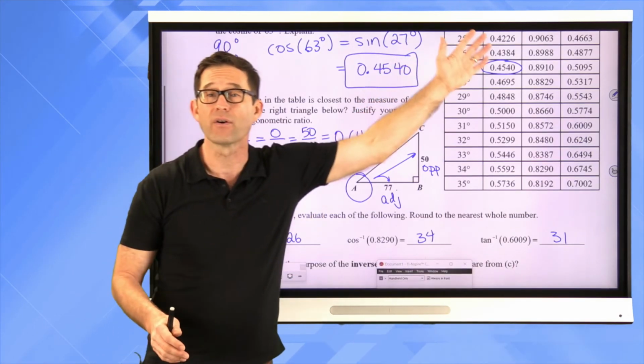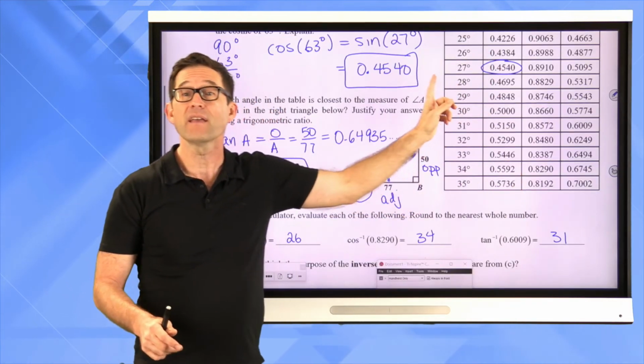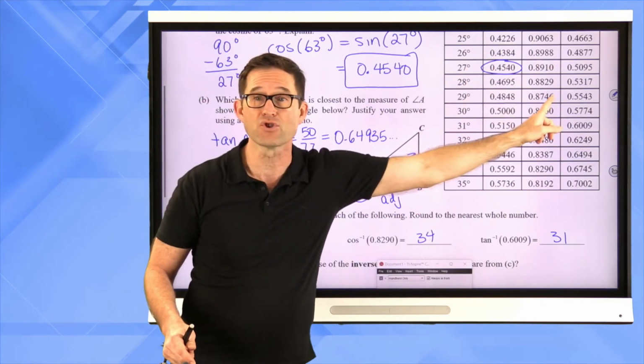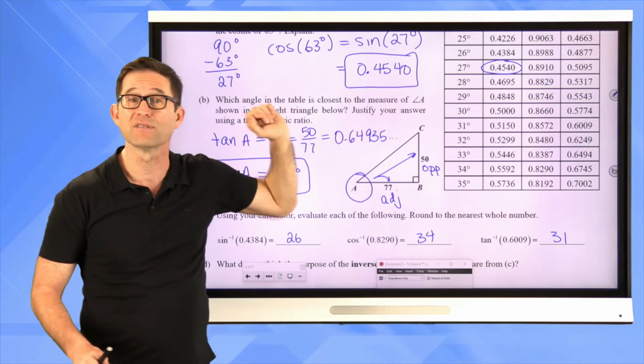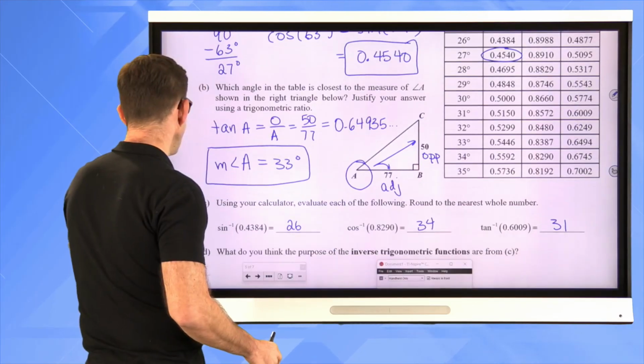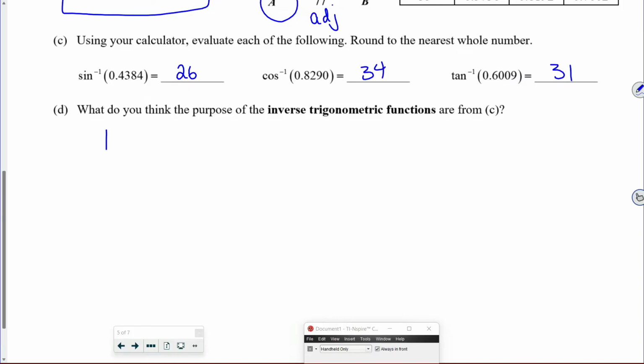If our calculator has this table sitting inside of it somewhere, then it can take an angle and give us the ratio, but it can also take the ratio and give us the angle. So what do you think the purpose of the inverse trigonometric functions are?